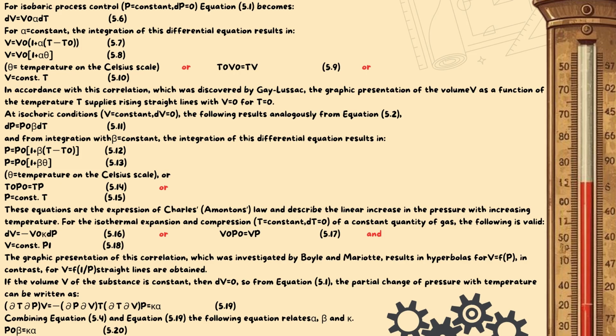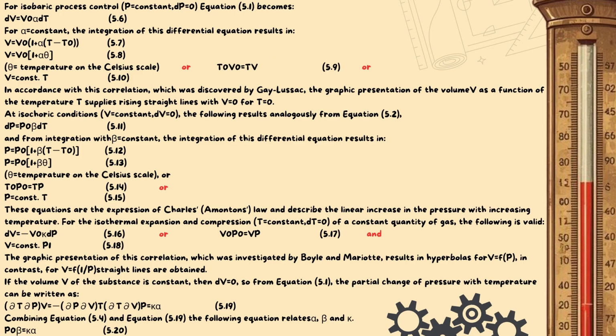The following results analogously from equation 5.2, shown as equation 5.11, and from the integration with beta equal to constant, the integrations of these differential equations are equations 5.12, 5.13, 5.14 or 5.15. Those equations are expressions of Charles-Amonton's law and describe the linear increase in the pressure with increasing temperature.